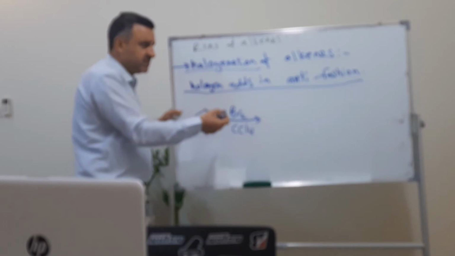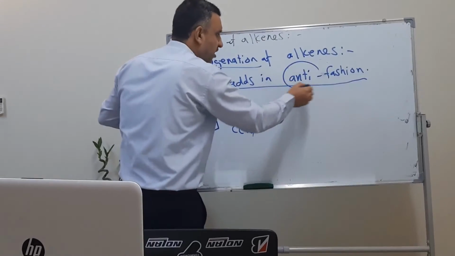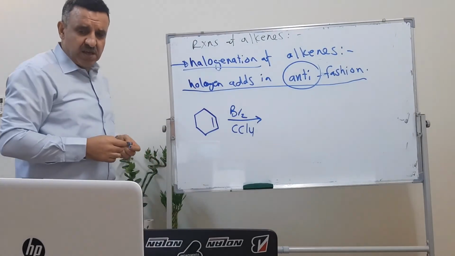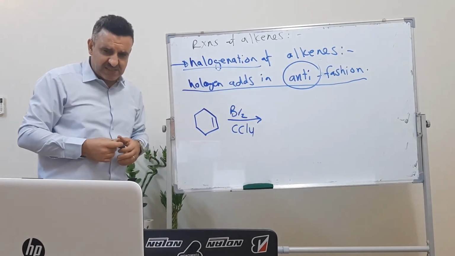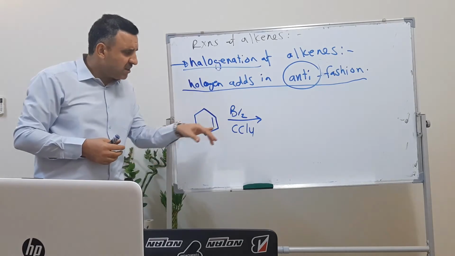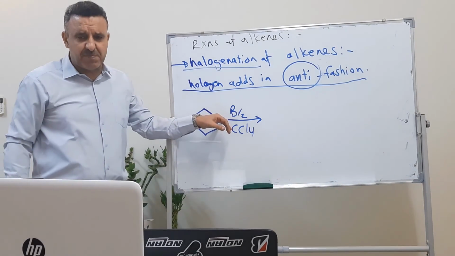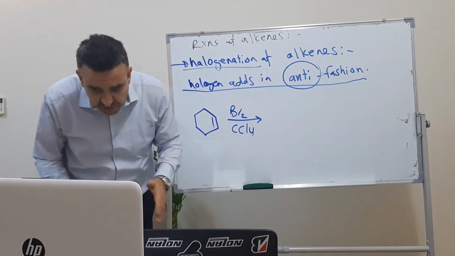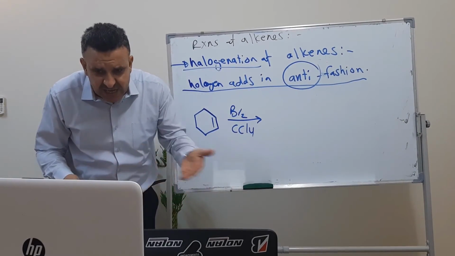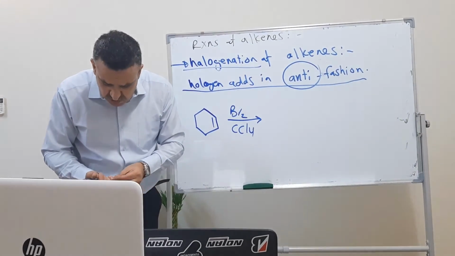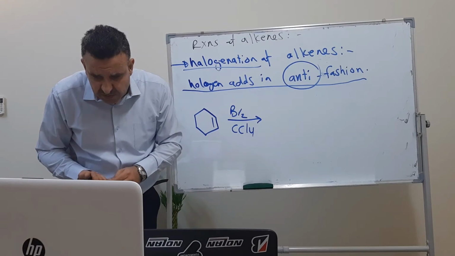According to what we have said, the halogen will add itself in anti-fashion. What does that mean? When Br2 reacts as an addition reaction, what are the two adding parts of the Br2?